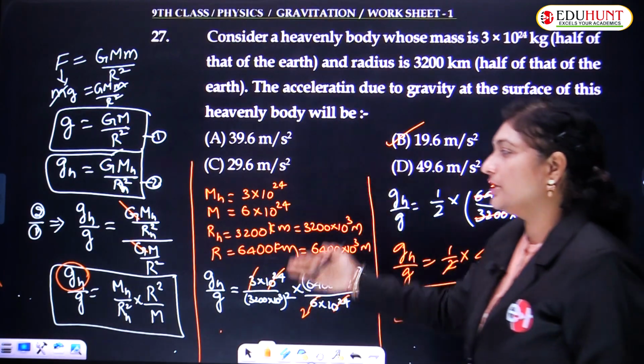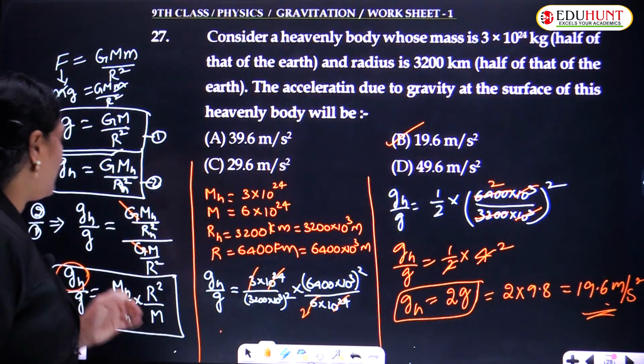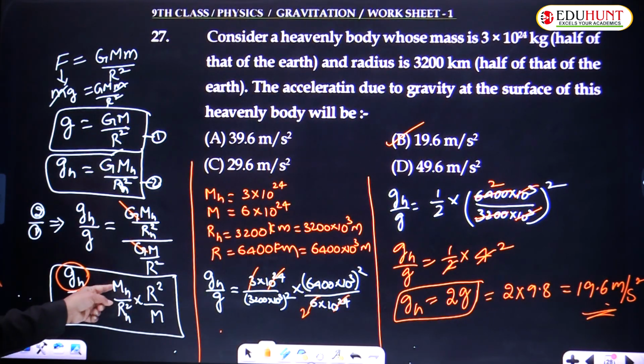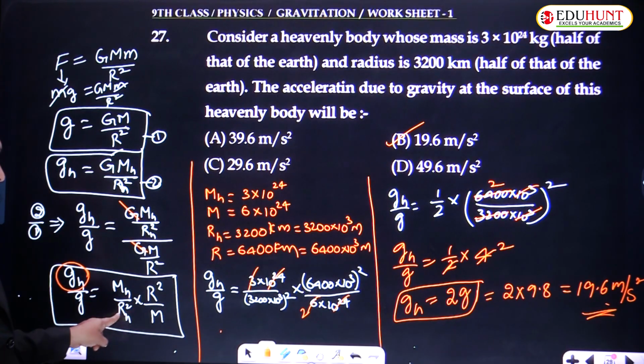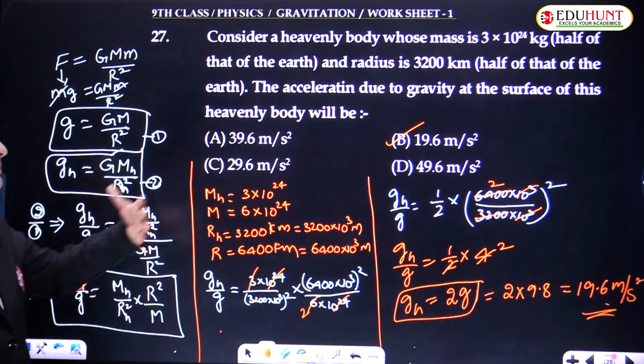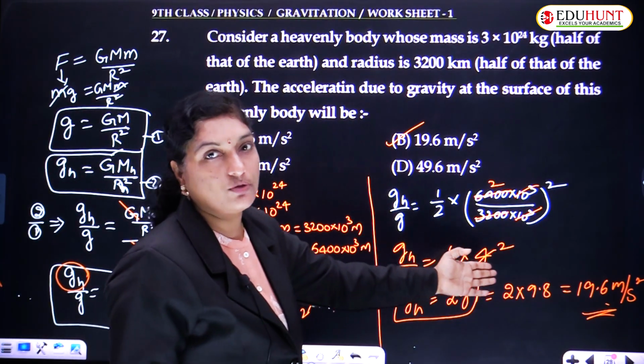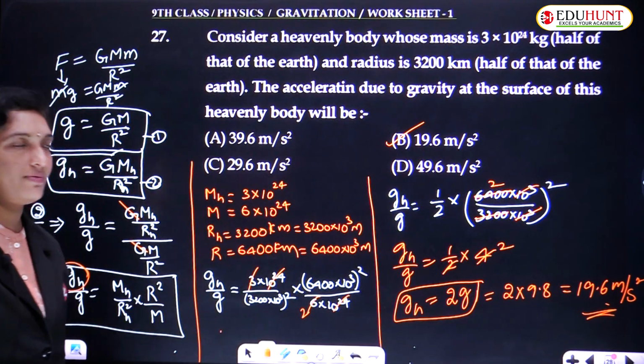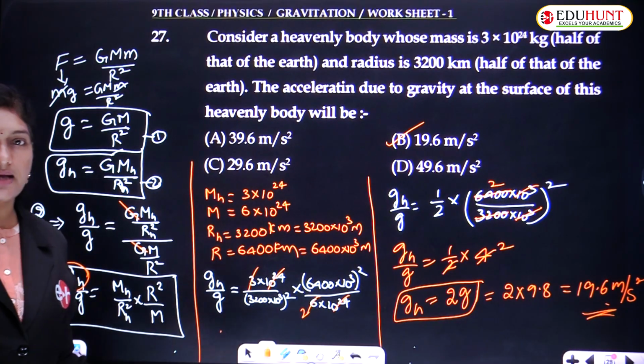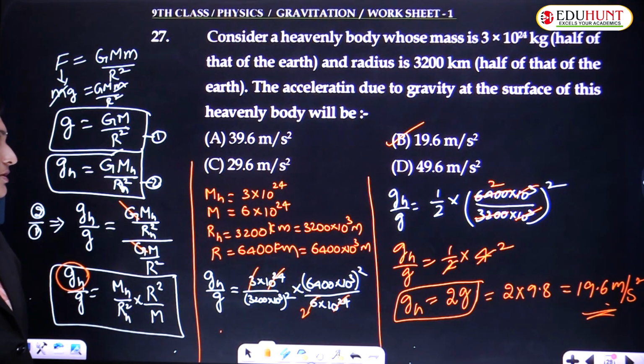So instead of substituting values, children, if you directly take MH as M by 2, M gets cancelled, and RH as R by 2, that will become R square by 4, R gets cancelled. That will directly give you 1 by 2 into 4, instead of substituting these values. So whatever method is convenient for you, you just directly substitute.